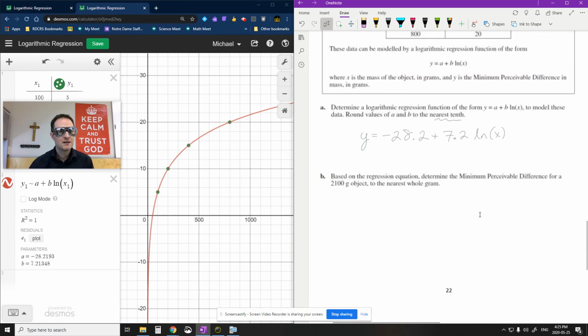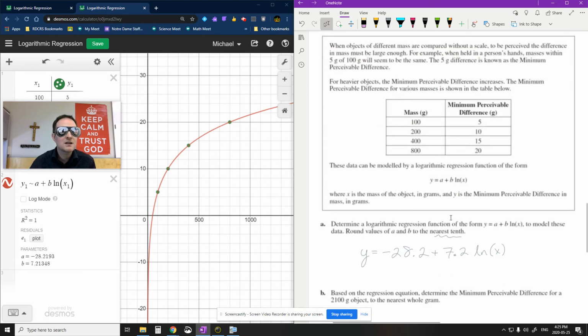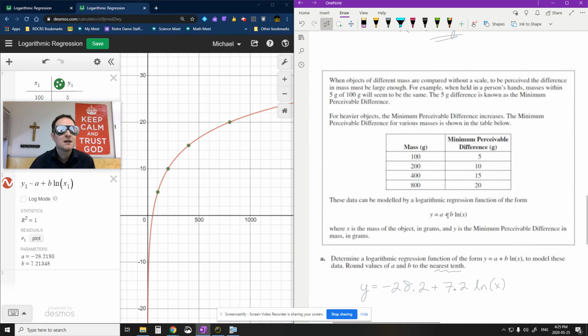That's fine. Okay, based on the regression equation, what is the minimum perceivable difference for a 2100, I don't even know what the question talks about. Let's talk about this. Objects of different mass are compared without a scale. To perceive the difference, the difference in the mass must be large enough.